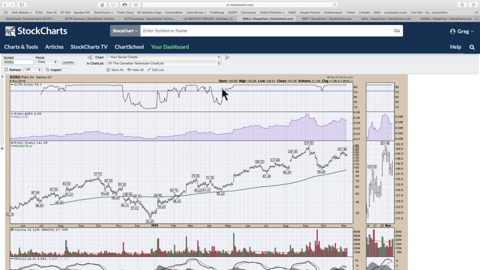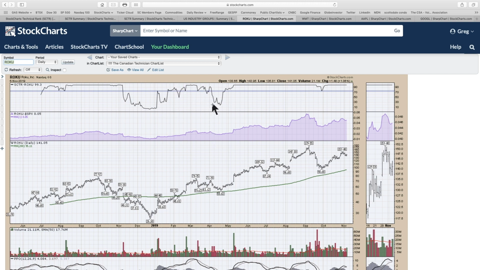But I think for entries, this is a pretty nice tool. Here the stock was outperforming really well, fell down hard with everything else last year, and then ran up, and you can see the SCTR rankings starting to say the price action's moving fast, getting back above the 200-day, and starts to get up here, and it wobbles up here, and again it pulls back.